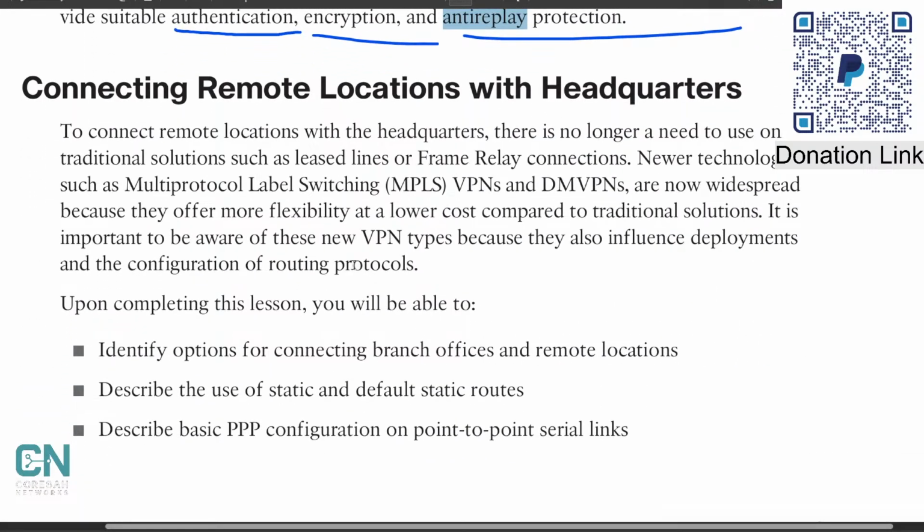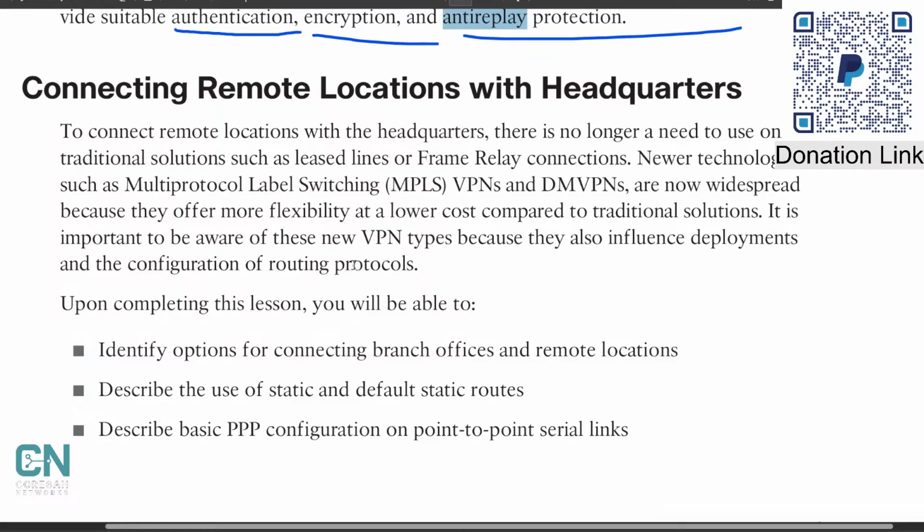Connecting remote locations with headquarters. To connect remote locations with the headquarters, there is no longer a need to use only traditional solutions such as leased lines or Frame Relay connections. Newer technologies such as multiprotocol label switching, MPLS VPN, and DMVPNs are now widespread because they offer more flexibility at a lower cost compared to the traditional solutions.